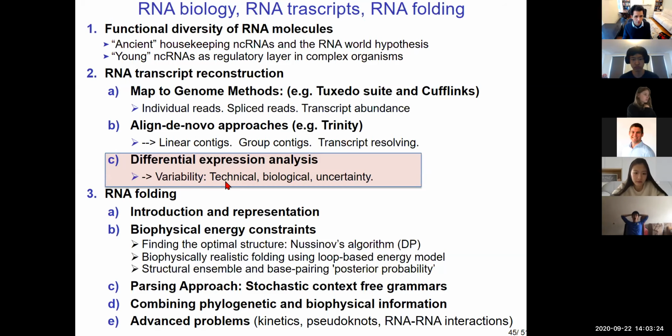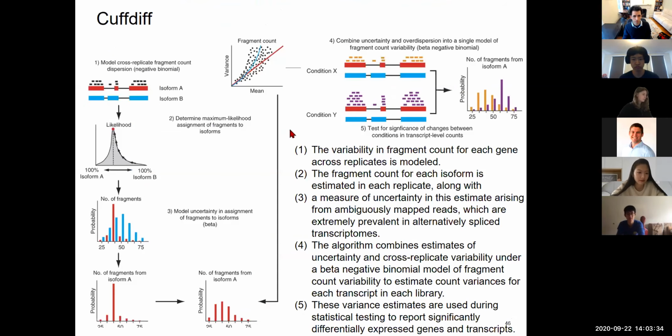All right, so diving into differential expression analysis, let's talk about how we can distinguish true differential expression from technical, biological, or stochastic variability. And that's where CuffDiff comes in. You want to account for the variability in your fragment count for every gene across replicates and explicitly model it, and infer the fragment count for each isoform, along with a measure of uncertainty in this estimate arising from ambiguously mapped reads, which are extremely prevalent in alternatively spliced transcriptomes.